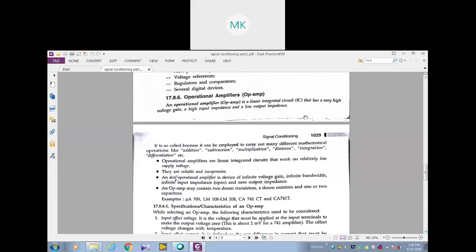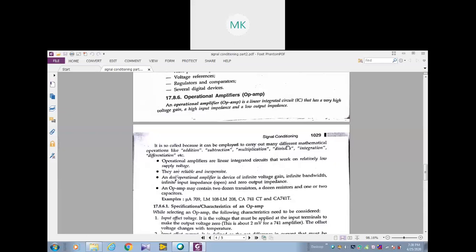So an operational amplifier is a linear integrated circuit. Linear means it is an analog integrated circuit that has a very high voltage gain, high input impedance, and low output impedance. It is so called because it can be employed to carry out many different mathematical operations like addition, subtraction, multiplication, division, integration, differentiation.